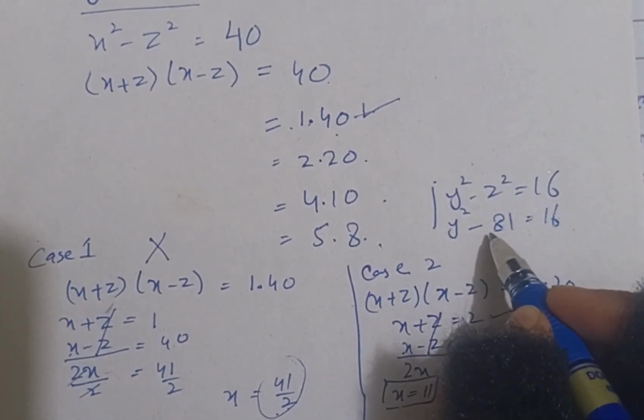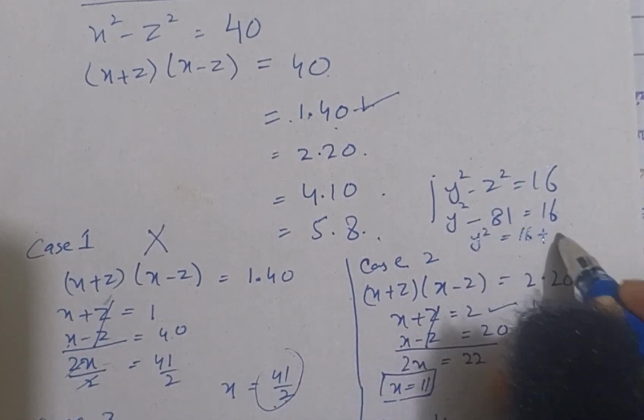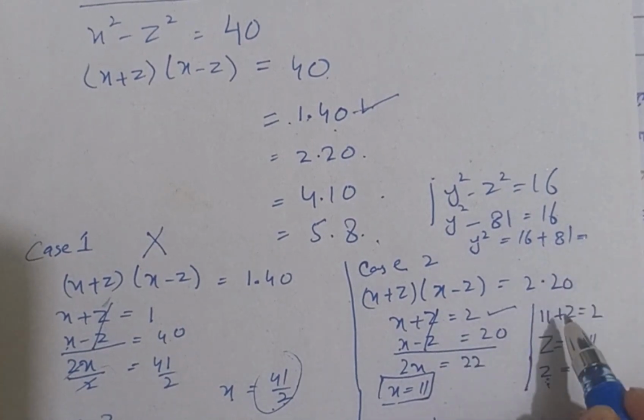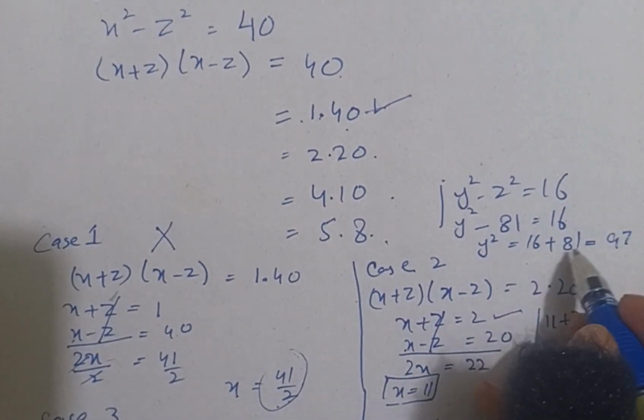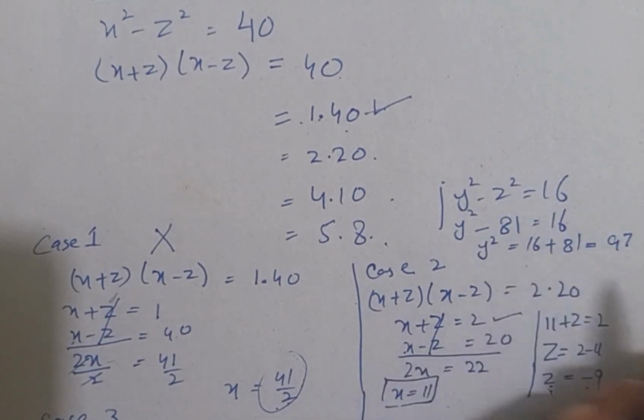We add 81 on both sides, then we get y square is equal to 16 plus 81, and 16 plus 81 is equal to 97. If we take the square root on both sides, the value of y is not an integer, so we do not use case 2.